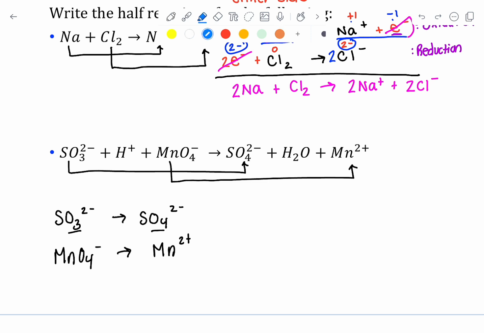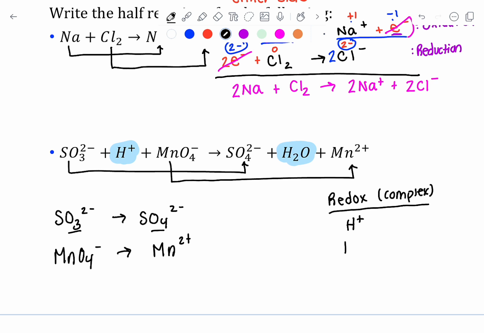But as you can see from our original reaction, we have this water and this H+ that aren't part of those half reactions right now. We can't have a third half reaction where H+ turns into H2O. There's no third half reaction that would lead to 1.5 reactions, which we can't have. So what we're going to see in the rest of this lecture is that for more complex redox reactions, hydrogen ions and water are going to help us balance.